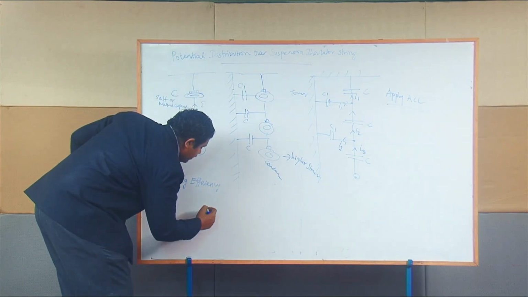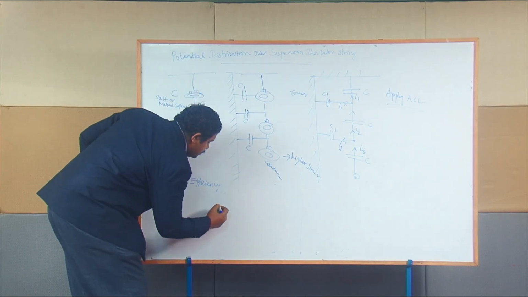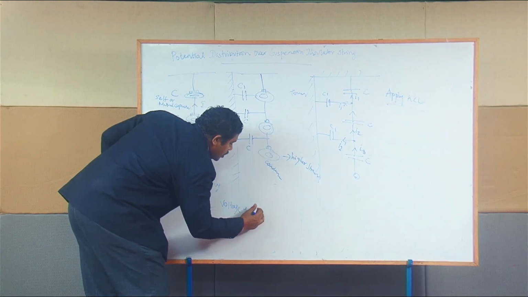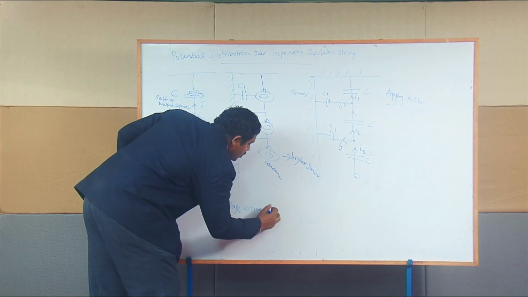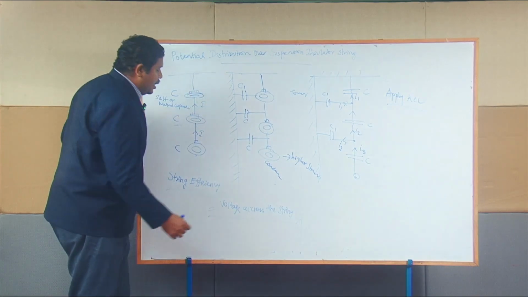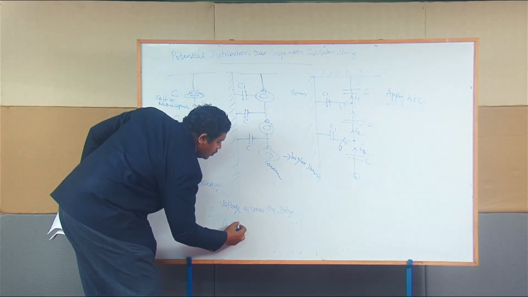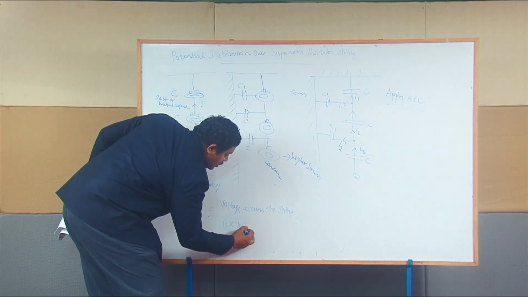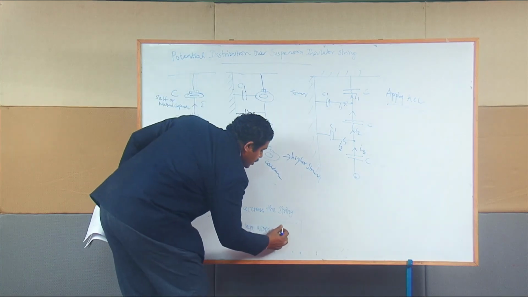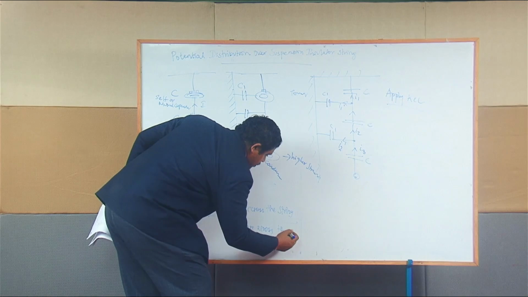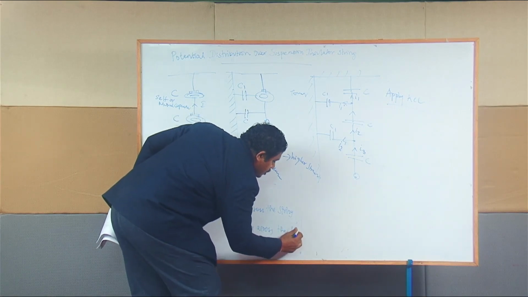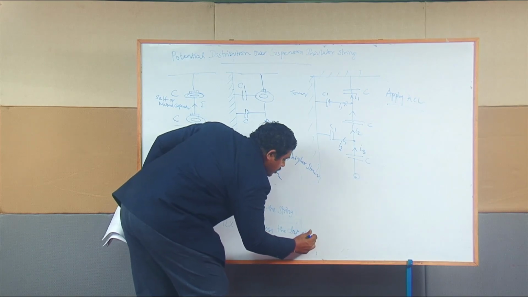String efficiency is given by the total voltage across the string divided by the number of discs times the voltage across the disc nearer to the conductor.